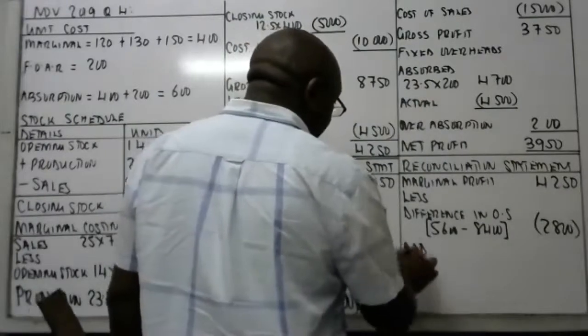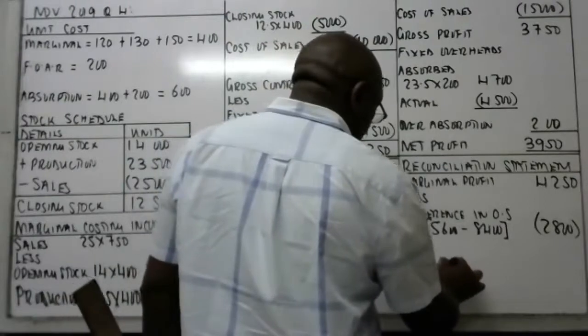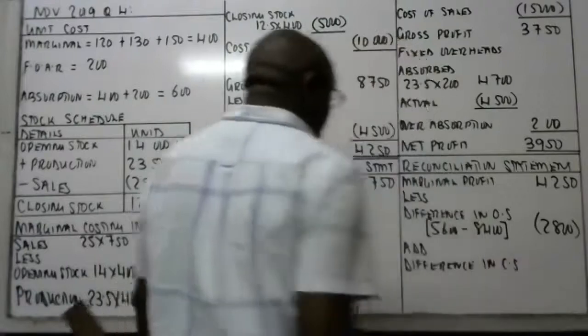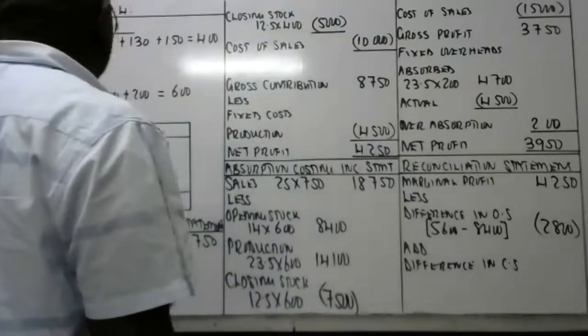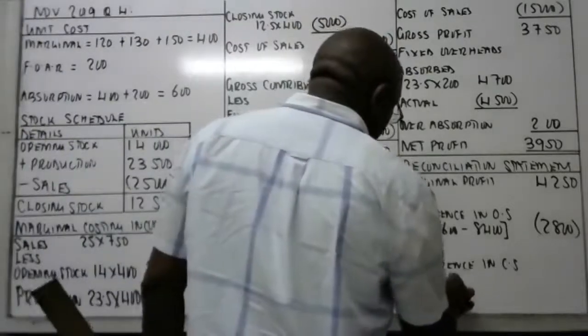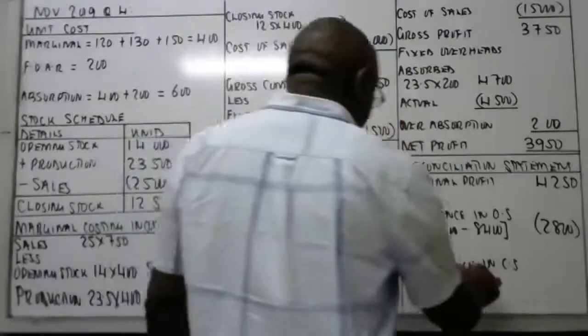Then you add difference in closing stock. So these ones, for their closing, they had used 5,000. Now they are closing, they used 7,500.